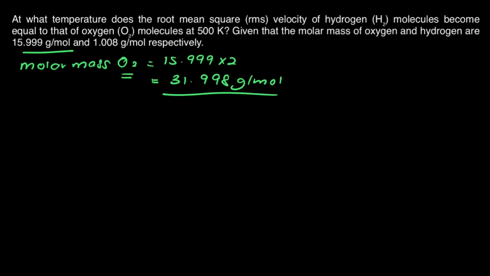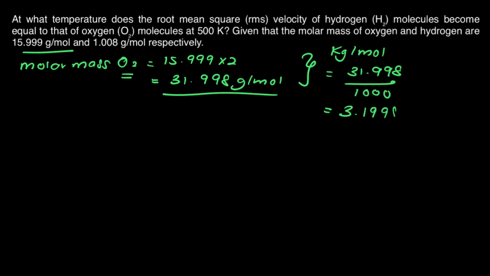From here we are going to convert into kilogram per mole. How are we going to do that? We are going to divide this value, 31.998, by 1000. So you will get 3.1998 times 10 to the power of negative 2 kilogram per mole.